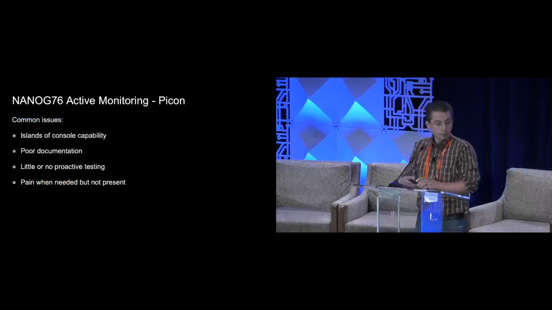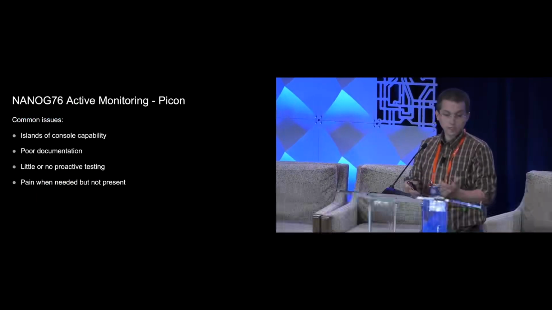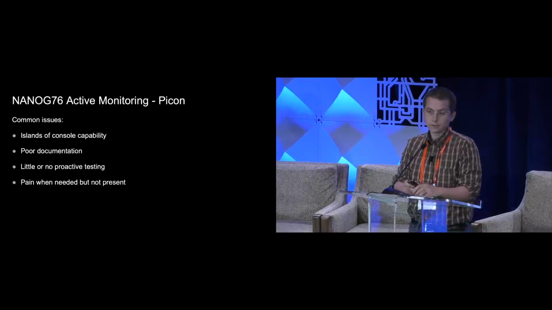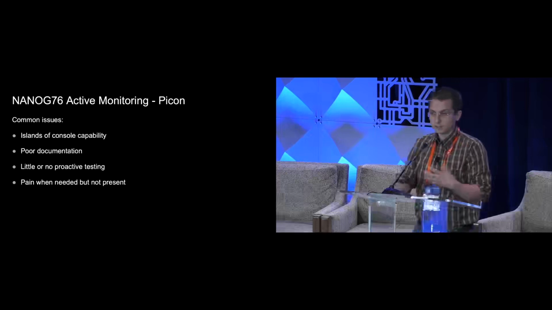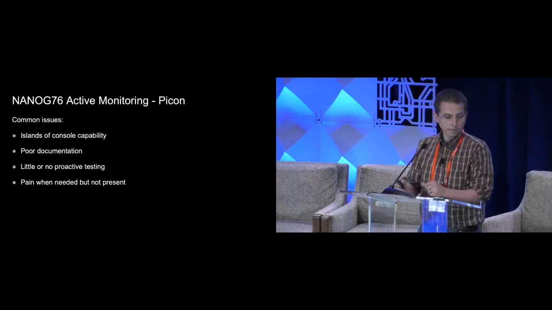All right, so the theme of the NANOG 76 hackathon was active monitoring. As mentioned by Syed, I had brought in a project from NANOG 67, which was to establish console server infrastructure using an open source self-assembling or self-discovering framework and commodity hardware.